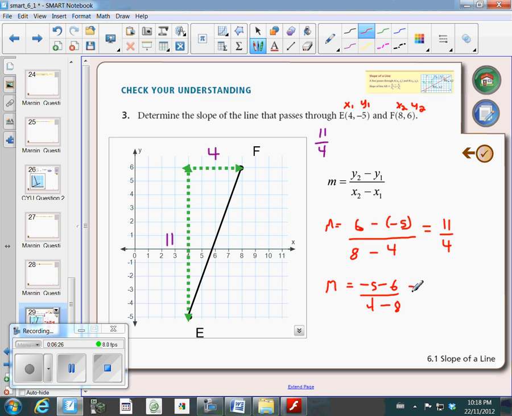Now, what would have happened here? We would have had a negative 11 over a negative 4. Well, notice, a negative divided by a negative is a positive 11/4. Isn't that something? No matter which way you start with the coordinates, you will end up with a slope of 11/4. Thank you very much.